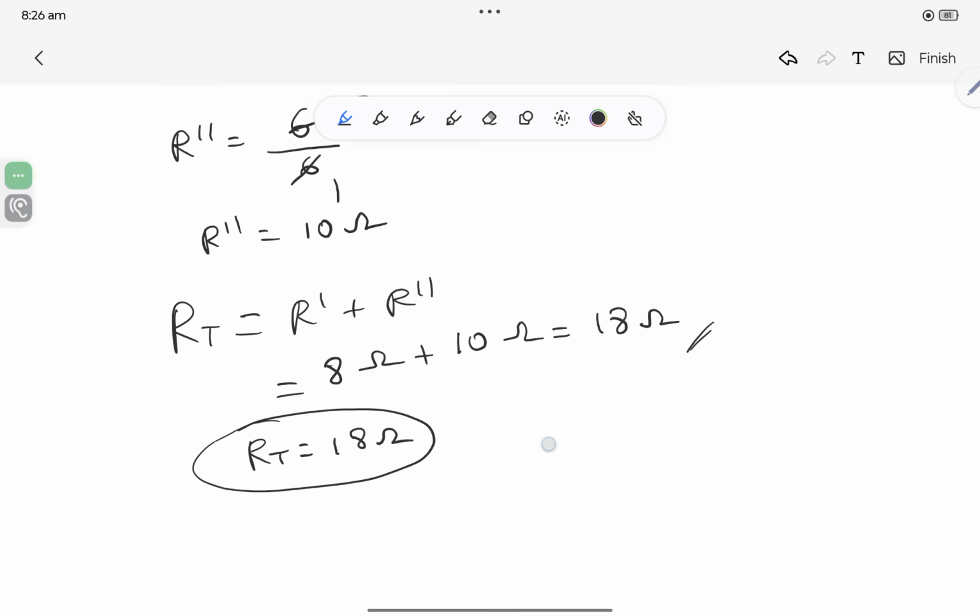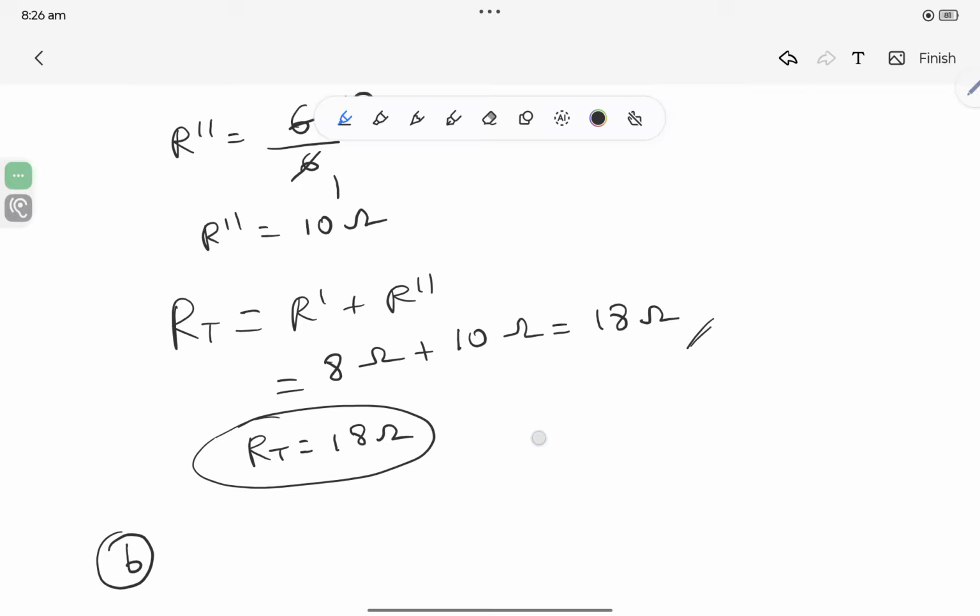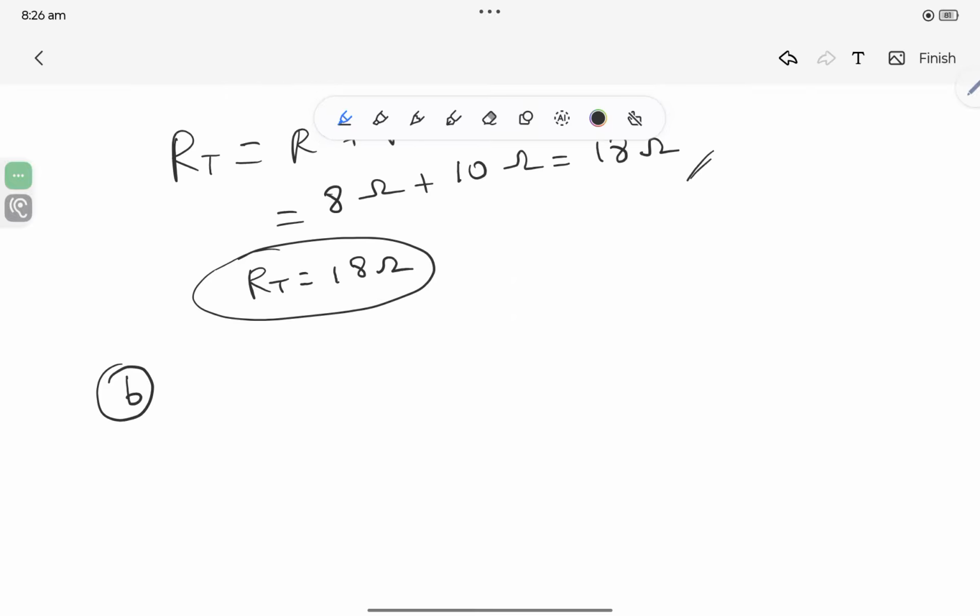Now the second part, the B part. What are they asking? They are asking total current.